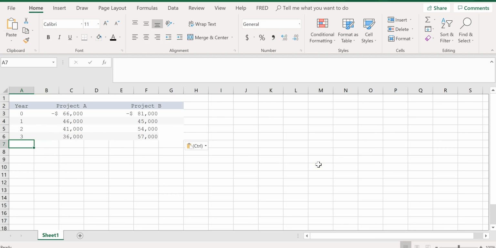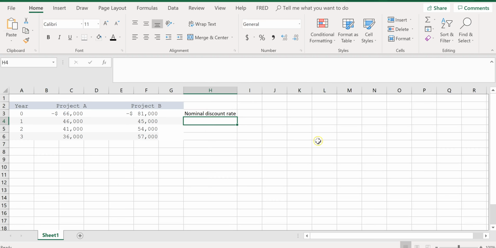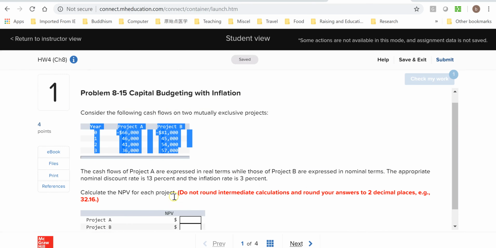Let me put the other information here. Nominal discount rate, 13%.